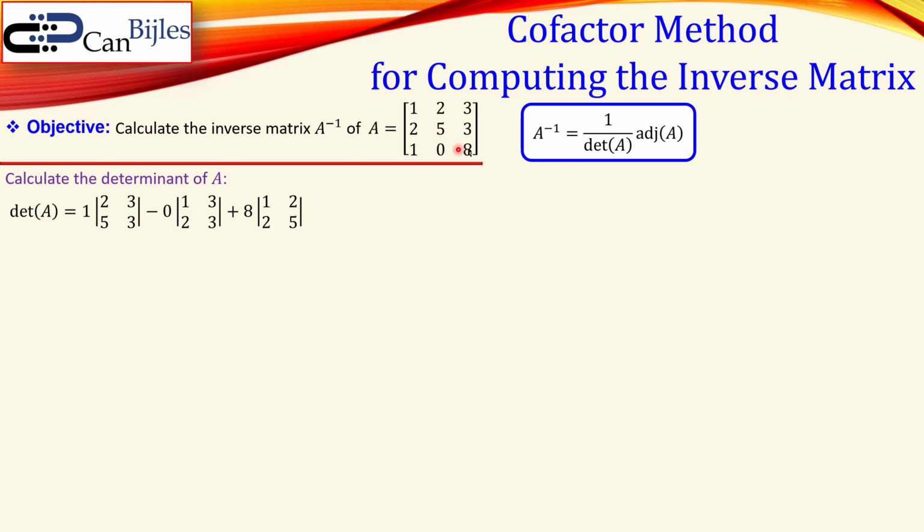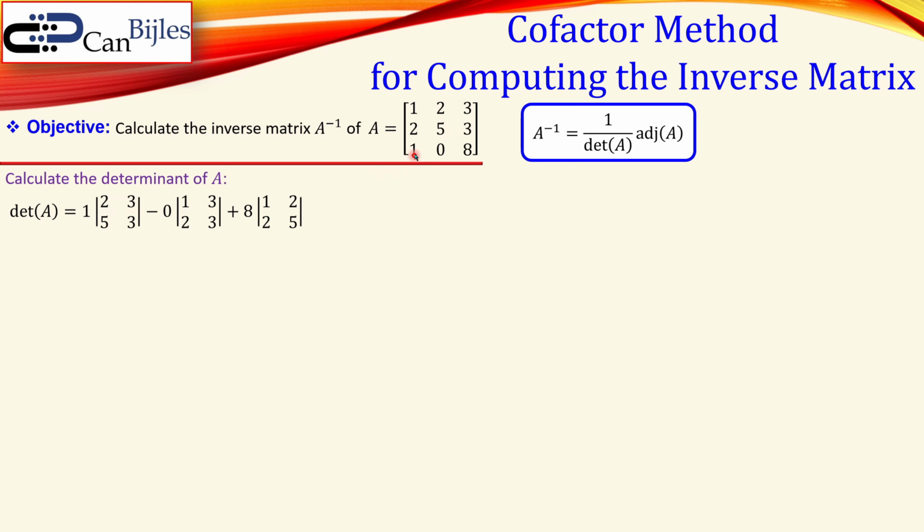I go for the third row, and there is also an order, very important, because you start here, which is plus, minus, plus, minus, plus, minus, plus, minus, plus. So you need to change sign depending on where you are. If I start here and use this row, that means 1 times this part of the matrix, of which I calculate the determinant, which is 2, 3, 5, 3.